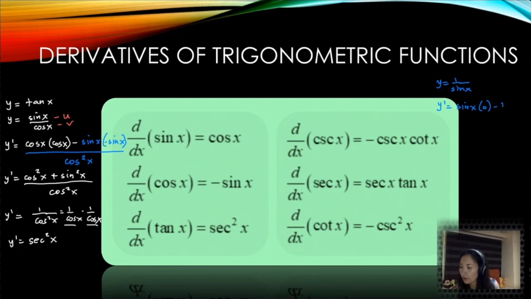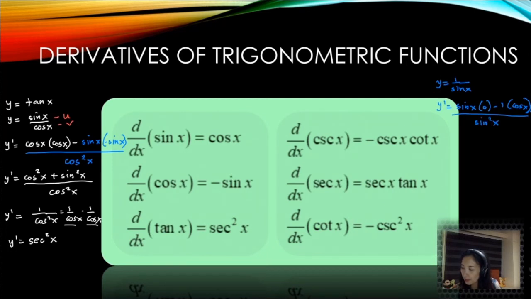The derivative of sine is cosine x, all over the square of the denominator, sine squared x.